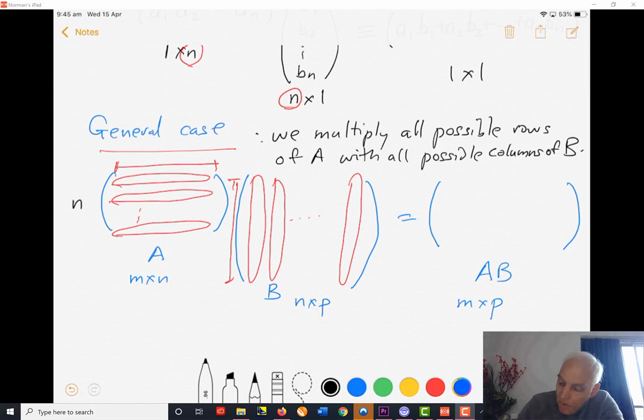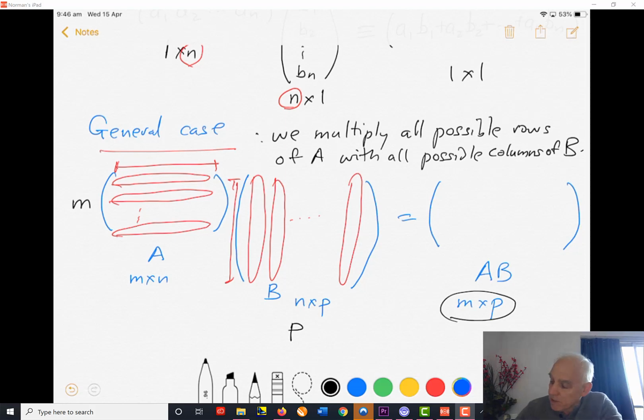Well, there's M rows of A, and there's P columns of B. So altogether there are M times P different possible products between the rows of A and the columns of B. And what we're doing when we write down A times B is organizing those various products in a systematic way. There's M times P different entries in AB, and each one of those entries is obtained by taking a product of a row in A and a column in B.